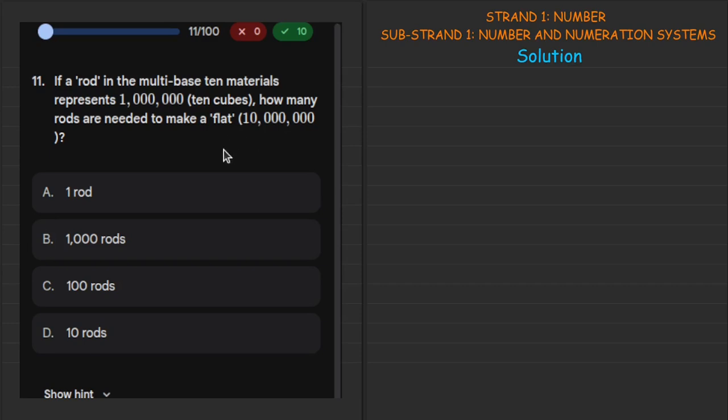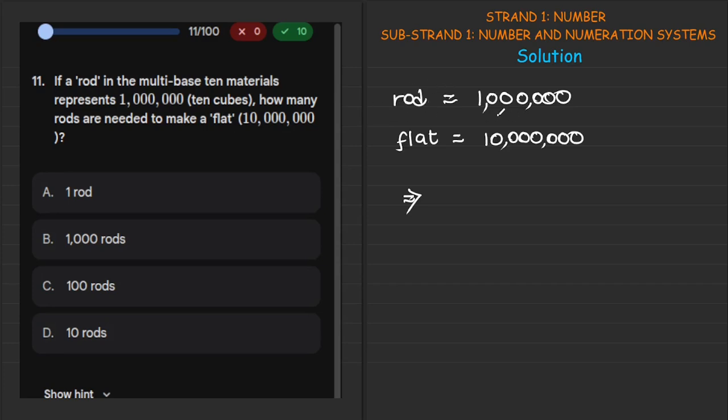So this is just a repetition of all that we did previously. You would have to divide, you see. So in dividing, knowing our rod is a million, and then our flat being tens of millions, all we are going to do is to divide the number of flats by what we have for a rod.